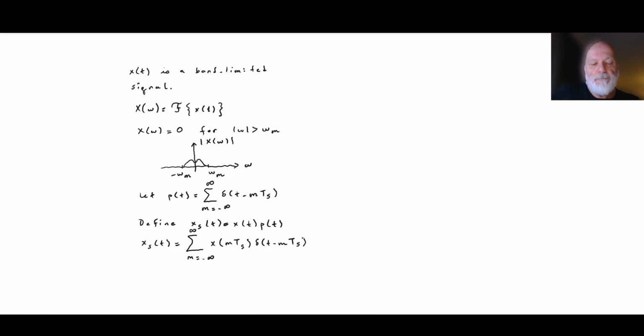So we have this operation, and this operation is called sampling x of t by the impulse train.